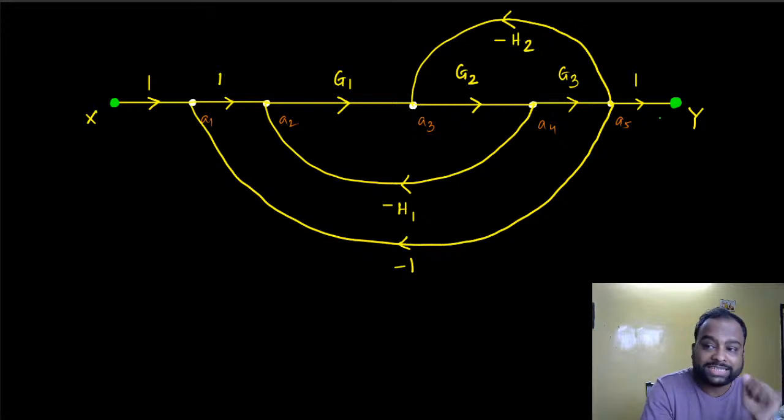Okay, and what is a path? A path is a set of edges so that you do not cross any vertex more than once. So essentially a forward path is a way through which you can start from one node and go to another, right? Without actually going in loops, like without crossing one vertex more than once.